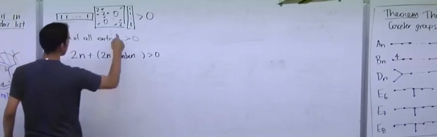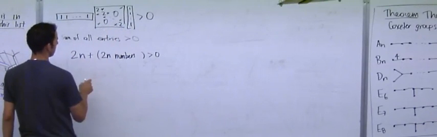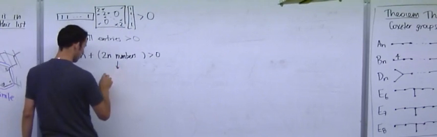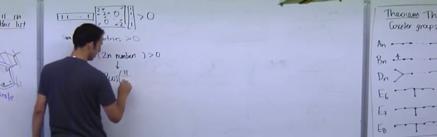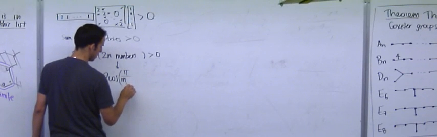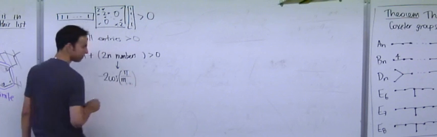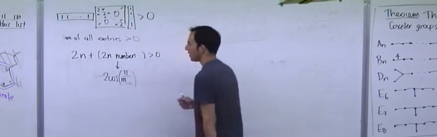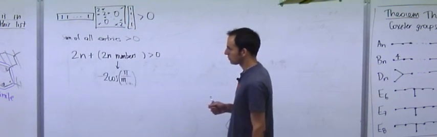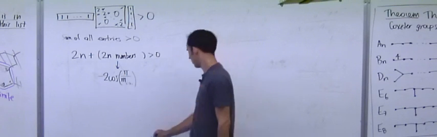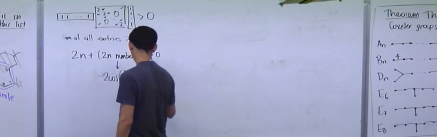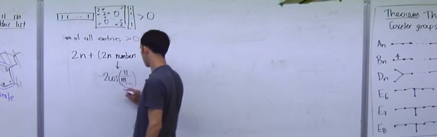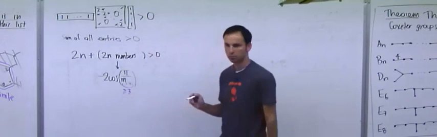But the thing is that I want to pay attention to what these numbers are. Because what are these numbers? Well, they look like minus 2 cosine of pi over m, something, i plus 1. Now, the thing is that m is at least 3, right?